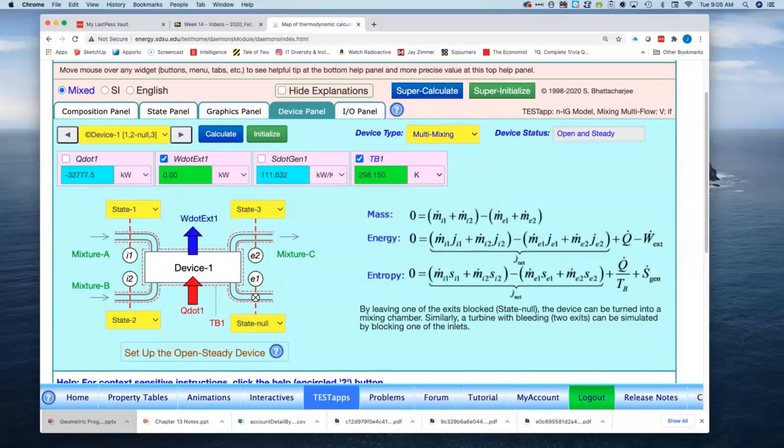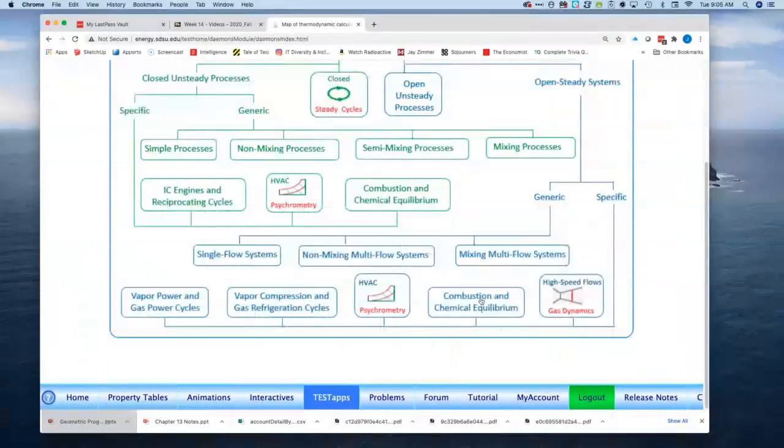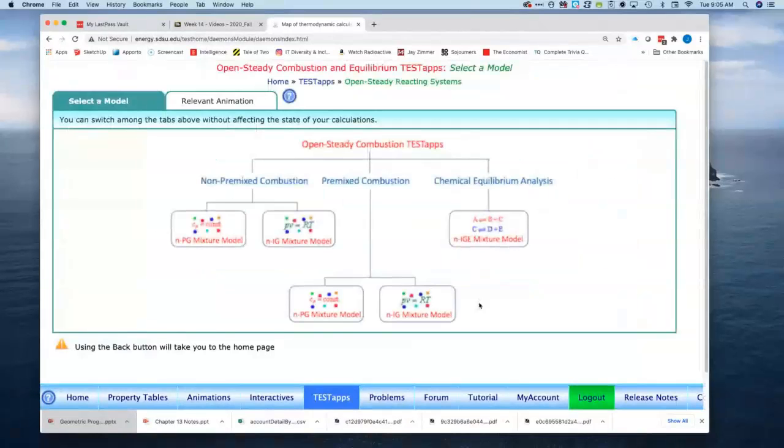It's really slick how this software can do what used to be quite laborious in terms of coming up with an adiabatic flame temperature calculation. As I said, next time we'll investigate the actual test app associated with combustion. In the combustion app, what we just did was a non-premix combustion.